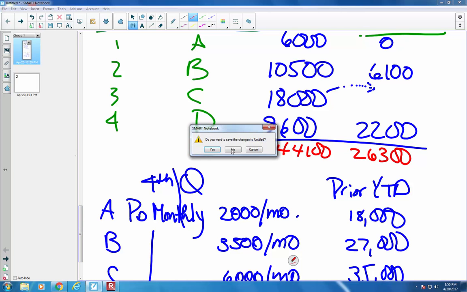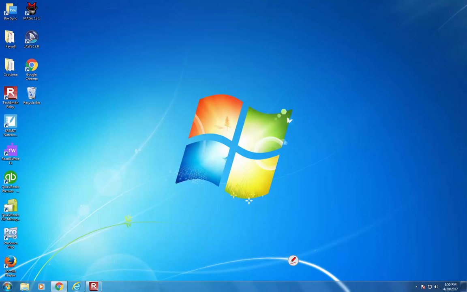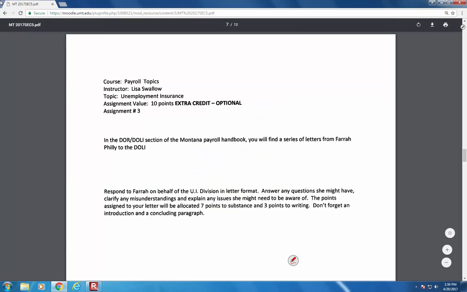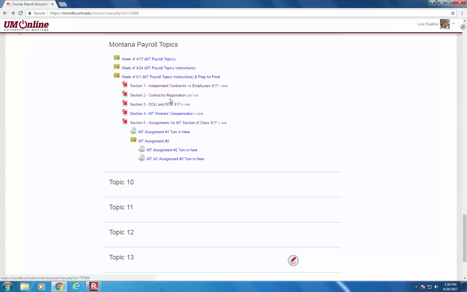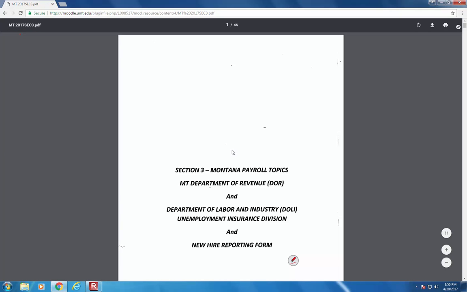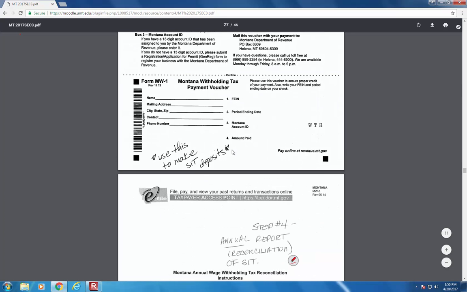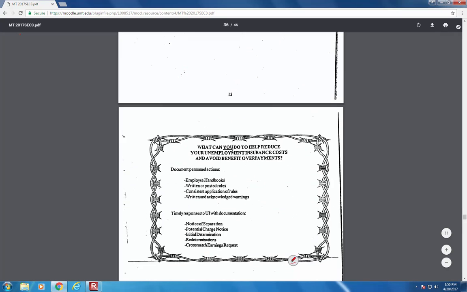We go back here. So the letters are in the DOLI and DOR site, or link. That was still open. And they are all the way at the end, I believe.